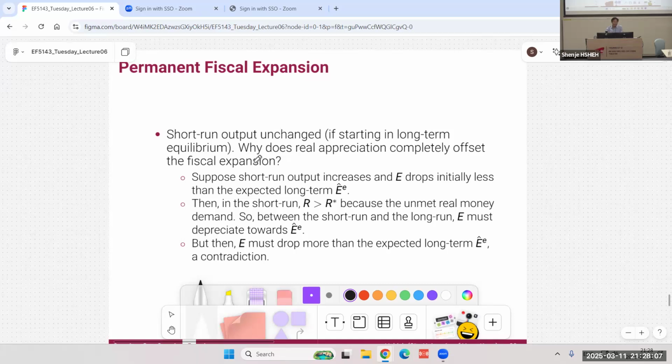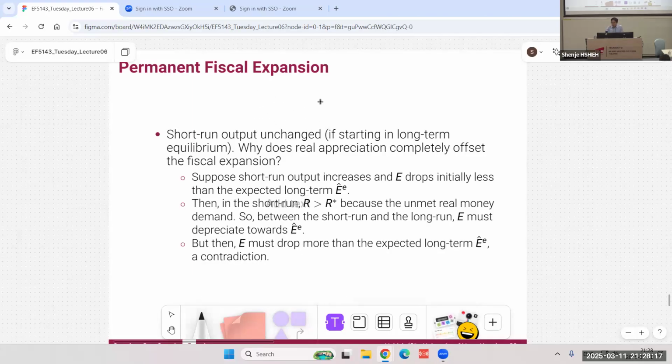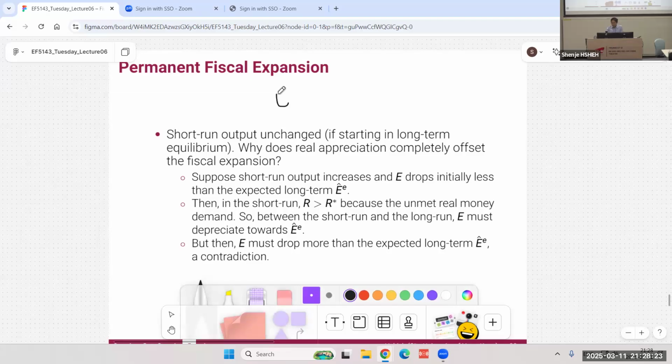And therefore, our initial assumption that there is an output effect is wrong, and we must conclude that there is no output effect. Okay. All right, so first things first, in this special case, if we're starting in the long-term equilibrium, that just means that E hat E eventually equals the spot rate, and let's just assume that R equals R star.